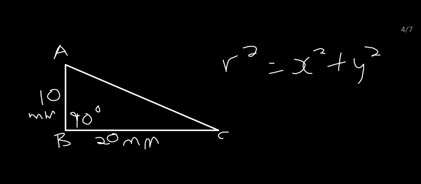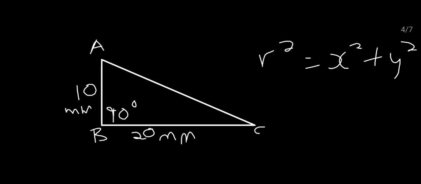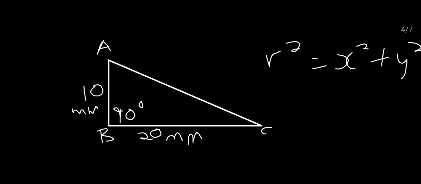Some people know a right angle triangle because of this symbol, guys. We call it a right angle triangle because it has a 90 degree angle. Just because you don't see this symbol does not mean this is not a right angle triangle. Just like this one, this triangle is a right angle triangle.